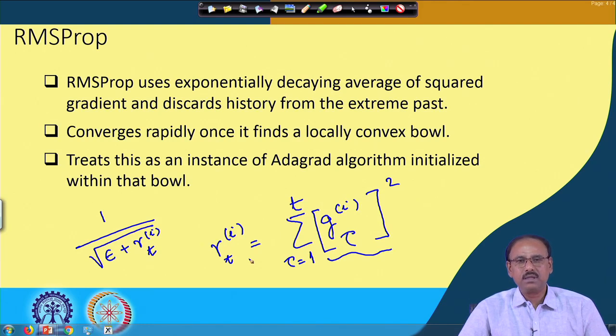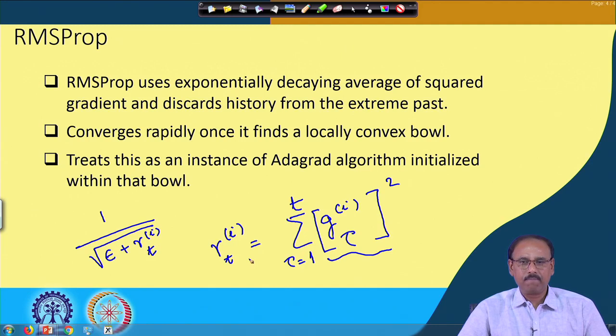As a result of this, the algorithm converges rapidly once your vector reaches a locally convex bowl-shaped surface on the error terrain. And we can assume that once it reaches that locally convex error surface, it is as if your AdaGrad algorithm is initialized at that point within that locally convex bowl. So that is what RMSProp does.